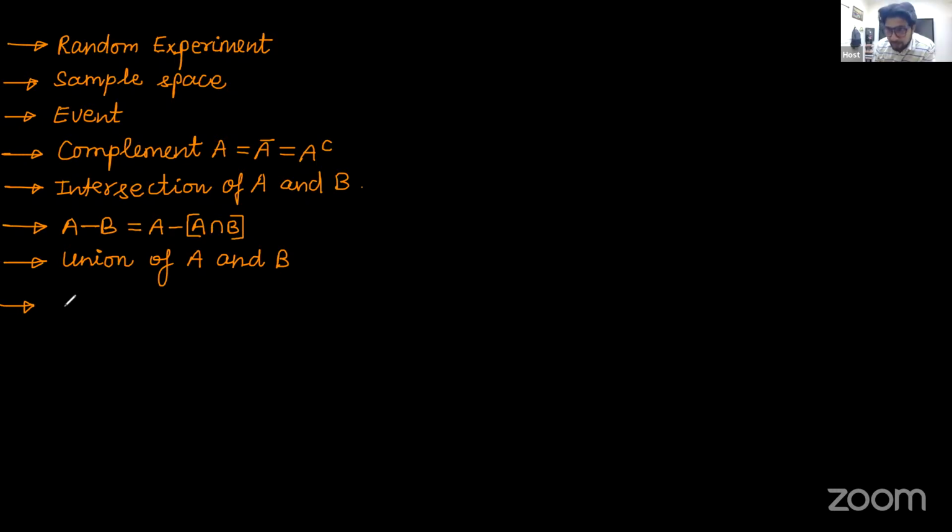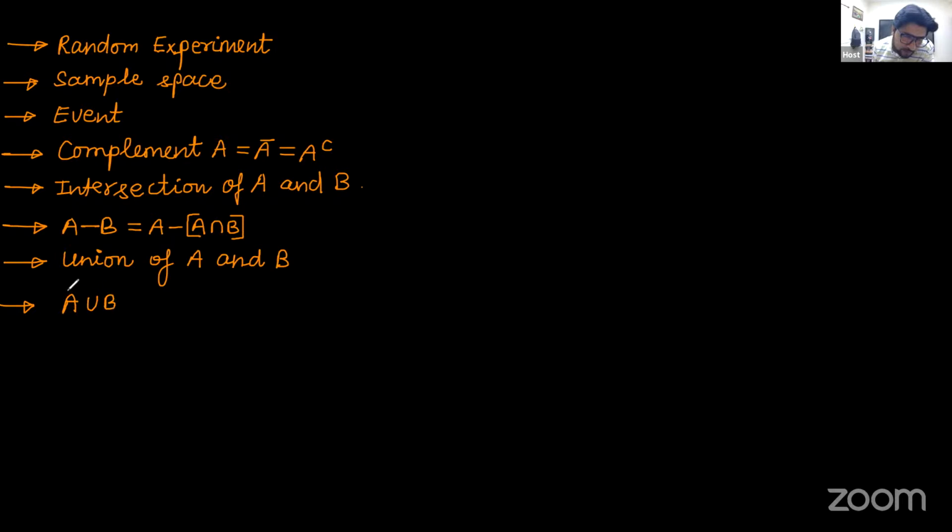Then we understood certain laws of sets. And the very first law is the associative law. What is associative?